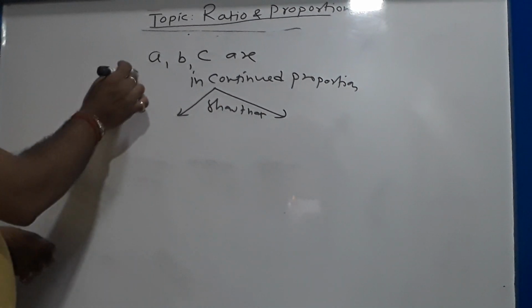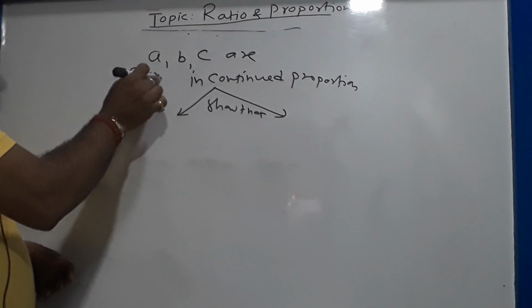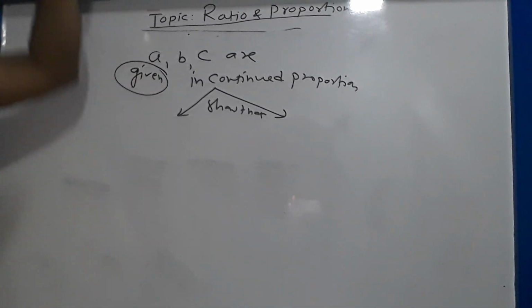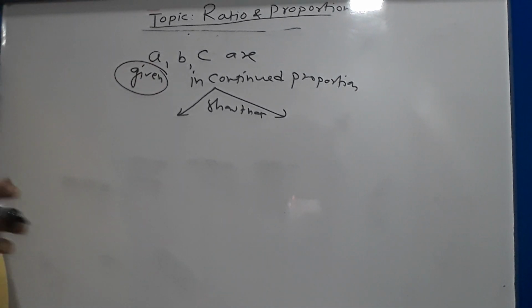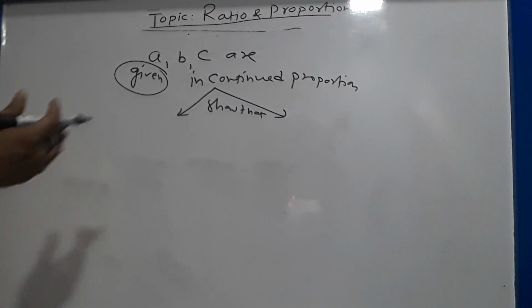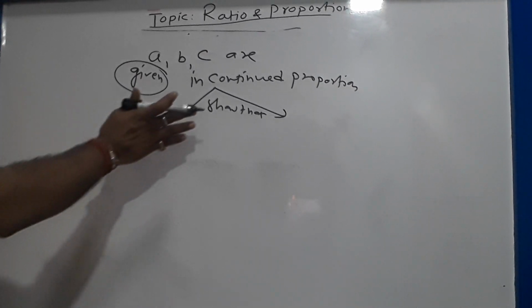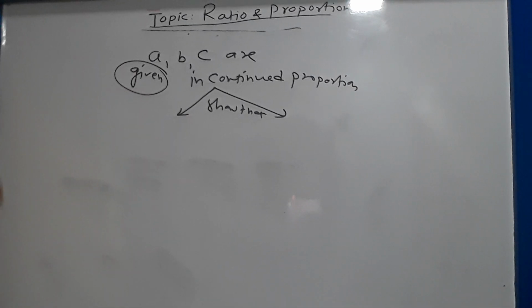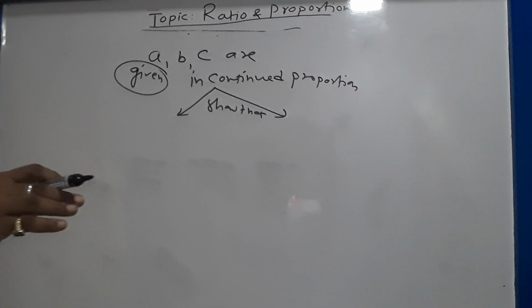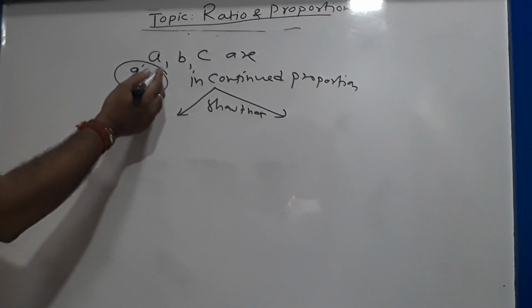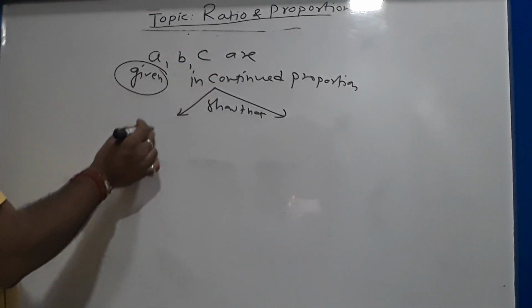It is already given that A, B, C are in continued proportion. Then show that. So whenever you come across this type of problem, where three numbers A, B, C are given in continued proportion, then go by the basic definition.